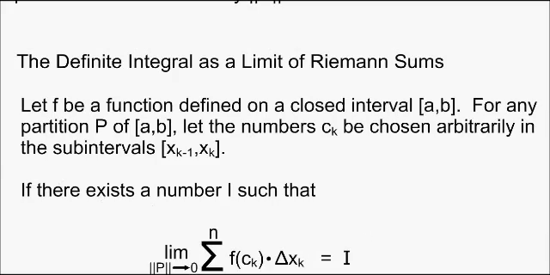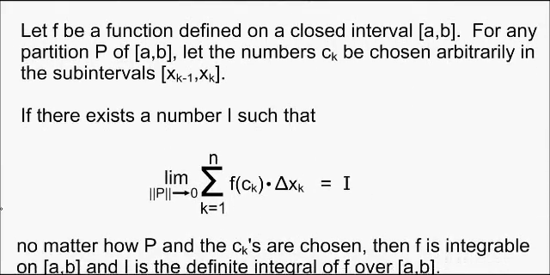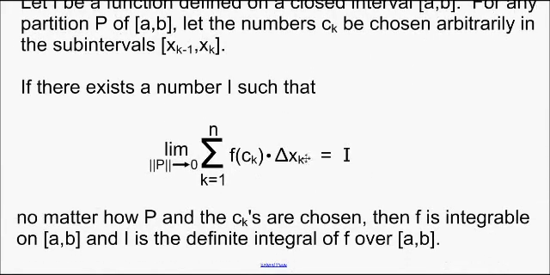If there exists a number I such that, you can see we have the limit as the norm approaches 0, of the sum from k equals 1 up to n of the function f of c sub k times delta x sub k equals I. So this is I up here.